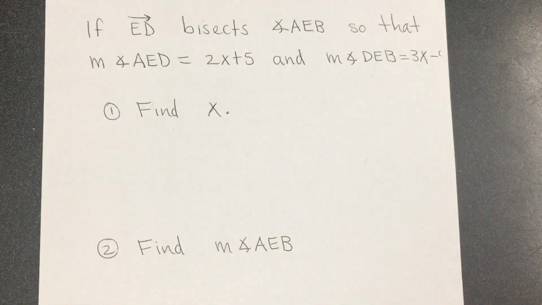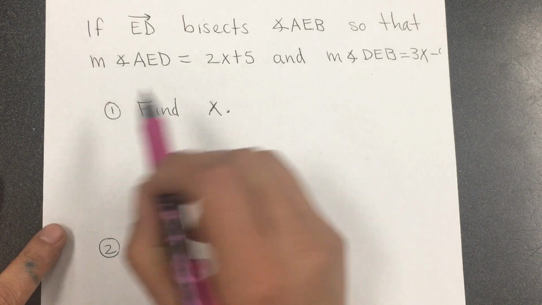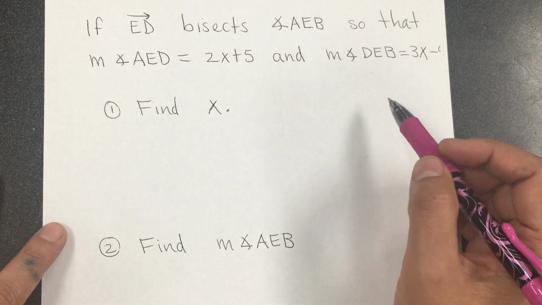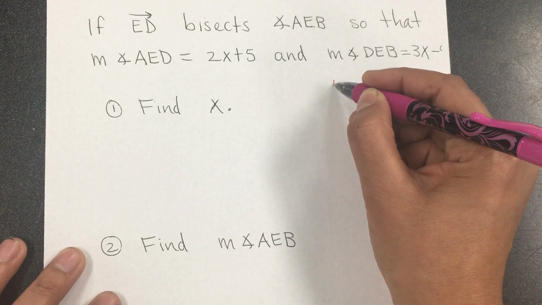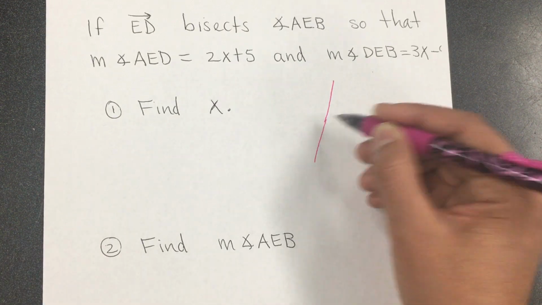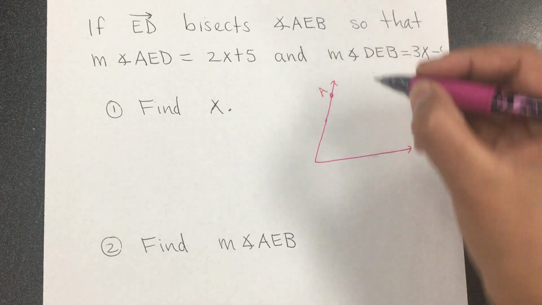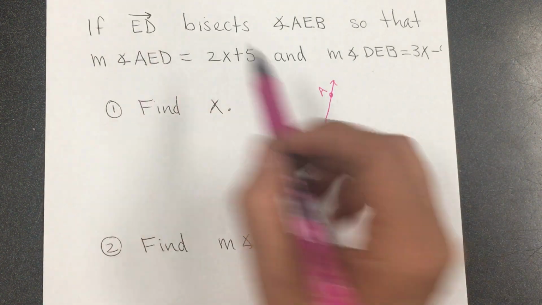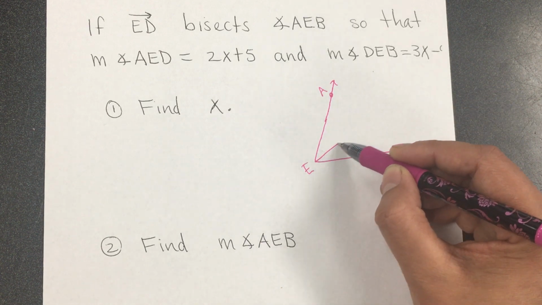let's use it to find some parts of the angles. Okay, so if ED bisects angle AEB, so we're going to have an angle AEB, and then it says that ED bisects this angle, more or less.